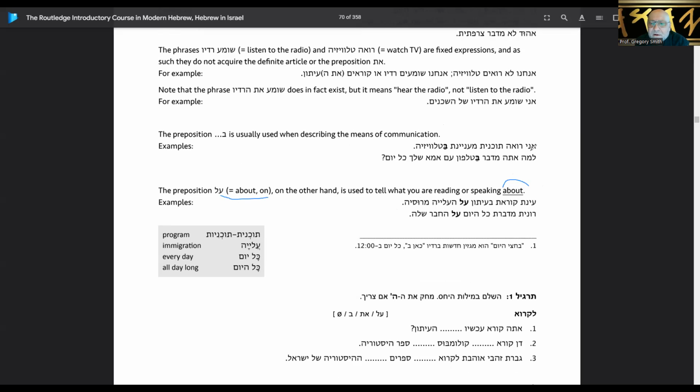So we have Ani ro'e tochnit me'anyenet betelevizia. So I am watching, I think tochnit is programming, and me'anyenet is like excellent, the feminine form of me'anyan. And the bet means in, with, or on. So in this case, it's on the televizia, which is the television.